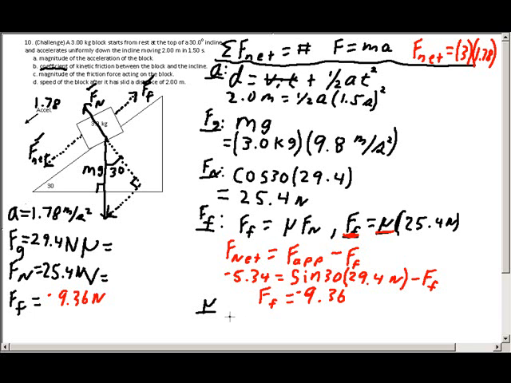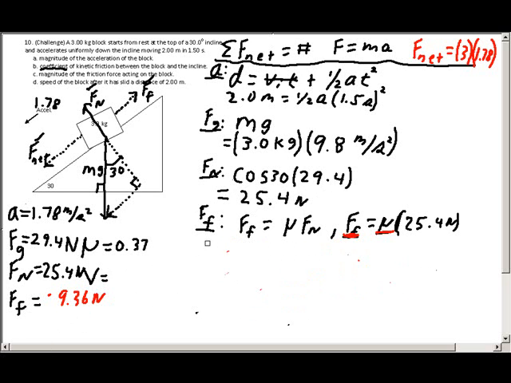So my frictional force is negative 9.36, which is equal to mu times the normal force, 25.46, and what I find is mu is equal to 0.37.